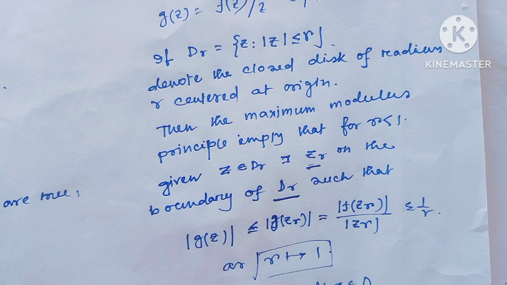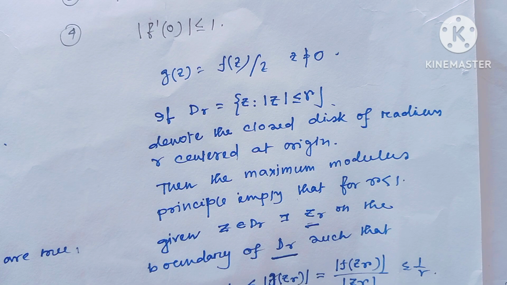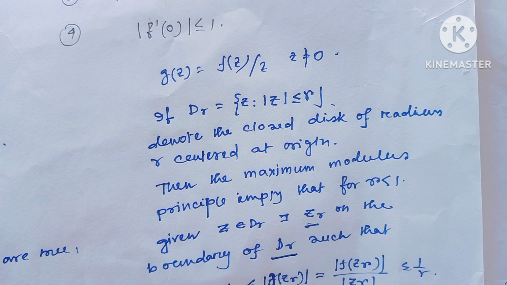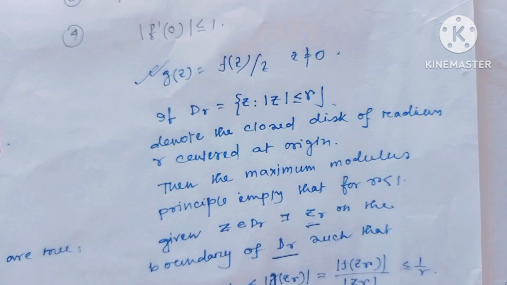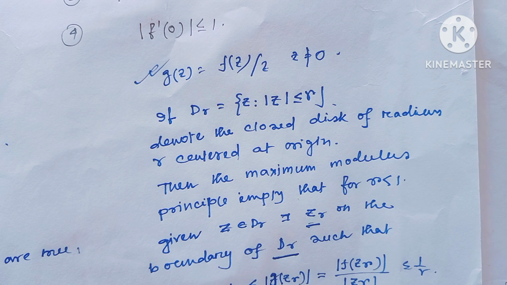The idea is, if D_r is the set containing z such that modulus of z is less than or equal to r, the closed disc of radius r centered at origin, then the maximum modulus principle implies that for r less than 1, the maximum value of this function exists only on the boundary.